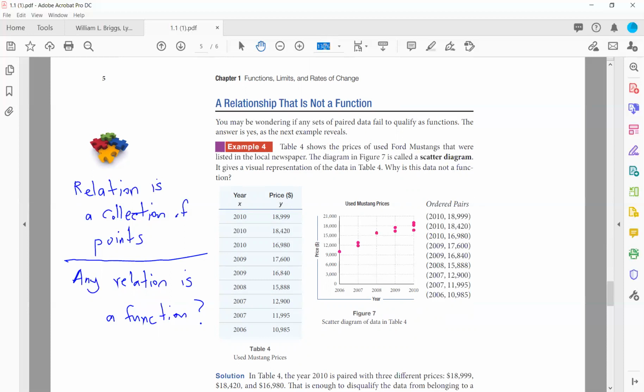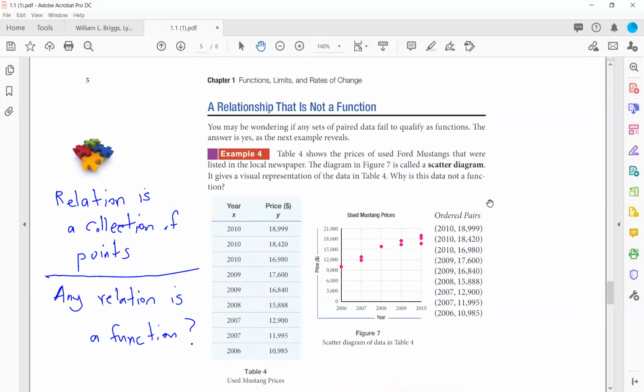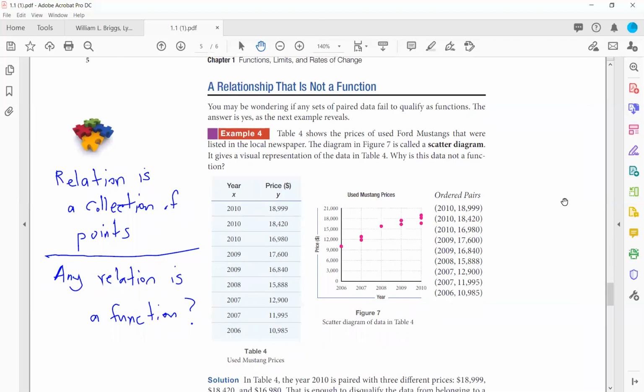The graph is also given here. This is called a scatter plot. For those of you who are taking statistics later, a scatter plot is a collection of points in the xy plane.